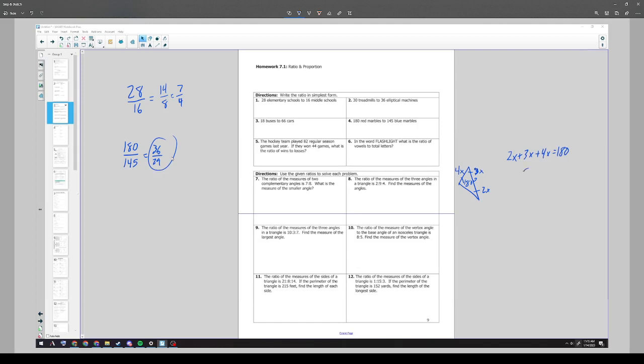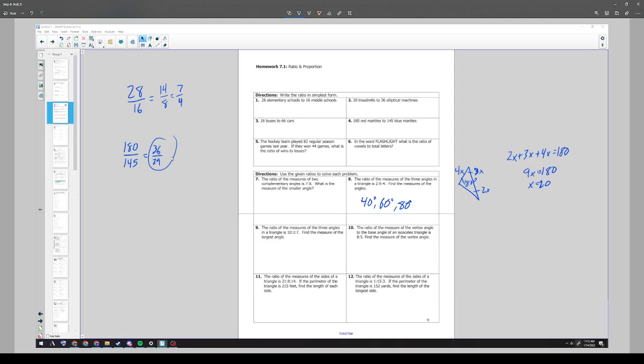So we have 9x equals 180, or x equals 20. So then our angle measures are 2 times that, 40 degrees, 3 times that, 60 degrees, and 4 times that, 80 degrees. So that's the kind of problems that you've got in here.